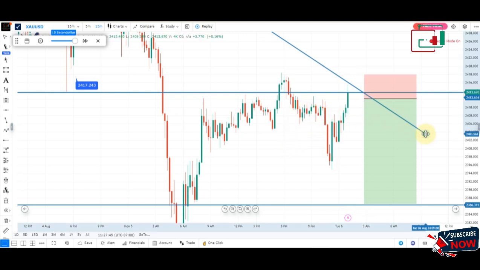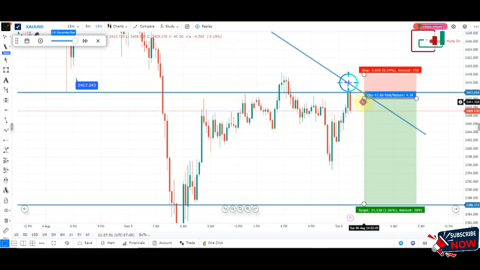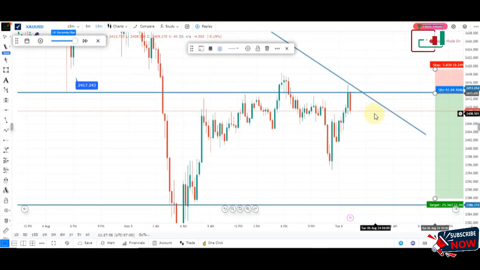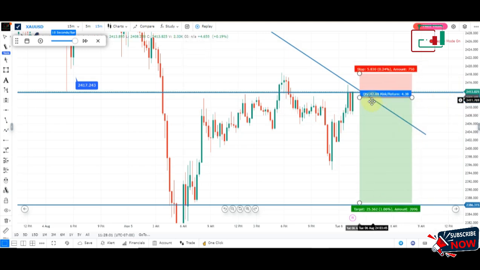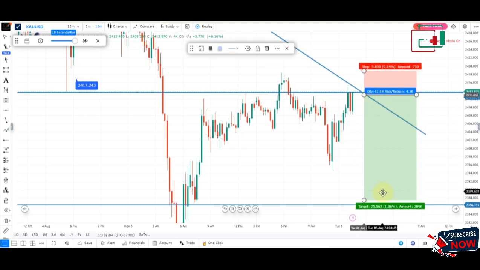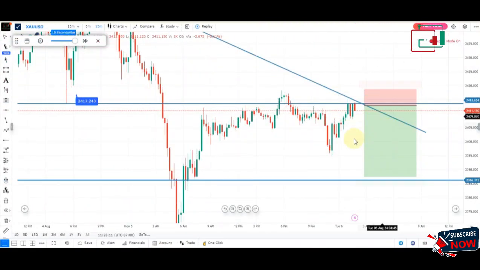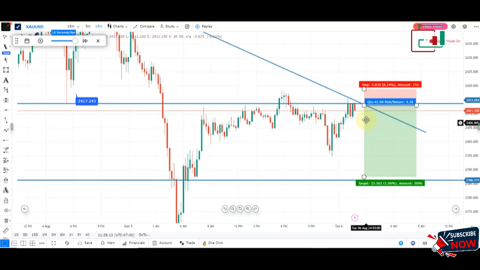As you can see, market is almost coming to our trend, and we shall wait for momentum. So let's wait if we can get some momentum.